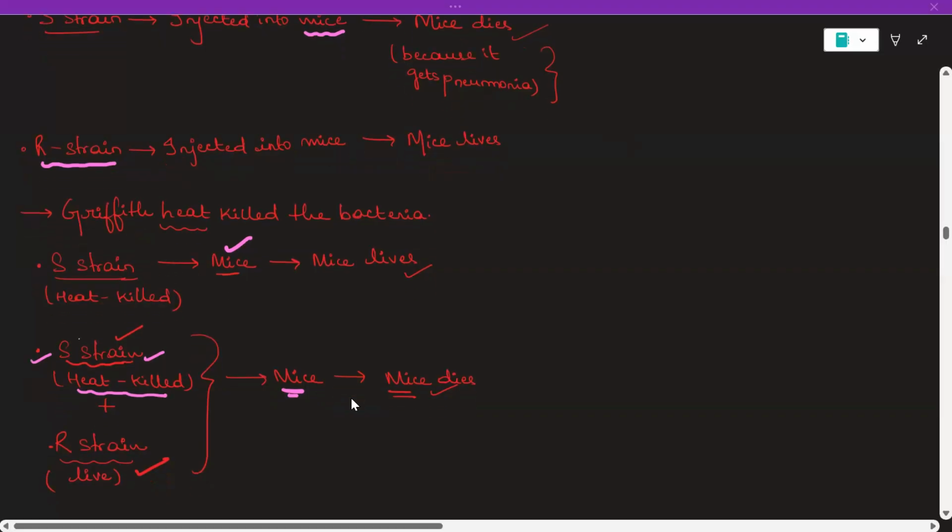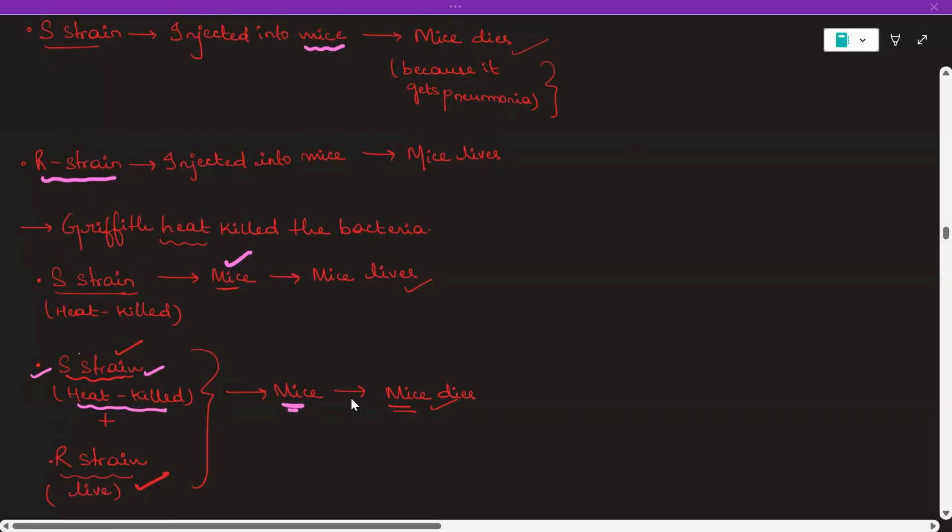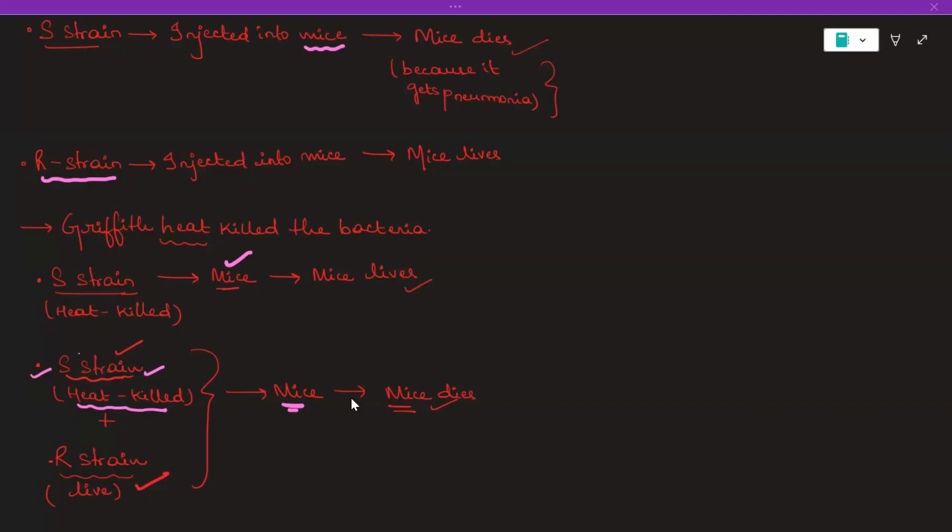See, Aisha, what he did in his experiment is that he started to inject different types of bacteria into the mice, and he wanted to see whether the mice is going to live or die. So when he put the S strain, normally the mice died because the mice got pneumonia. When he injected the R strain, that was non-virulent, so the mice did not die and it lived.